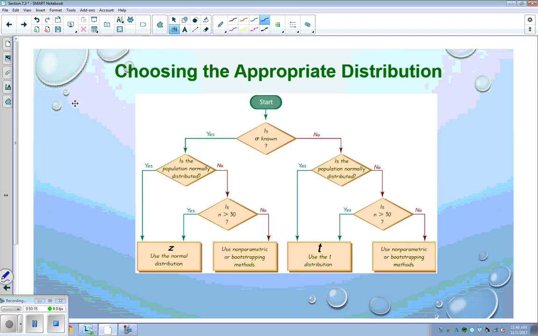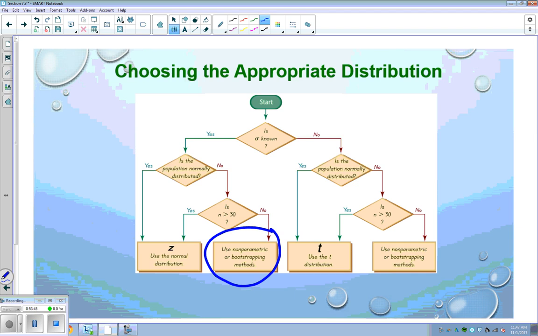If I know it, then I decide if the population is normally distributed or if n is over 30. Then I'm going to use my z-score. This one is when I don't have a normally distributed population and my n is less than 30. This is called a non-parametric, or bootstrapping, method. We will not be doing that in this class. You'll be doing that if you take the next course.